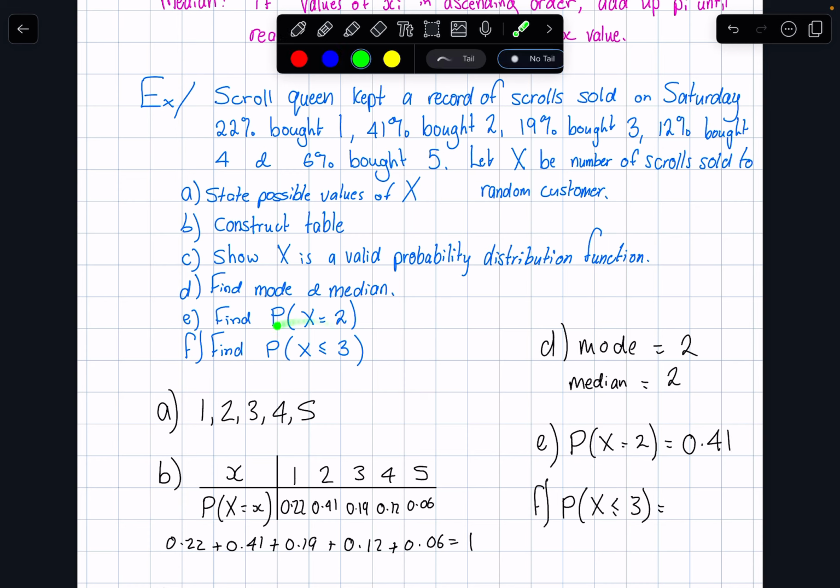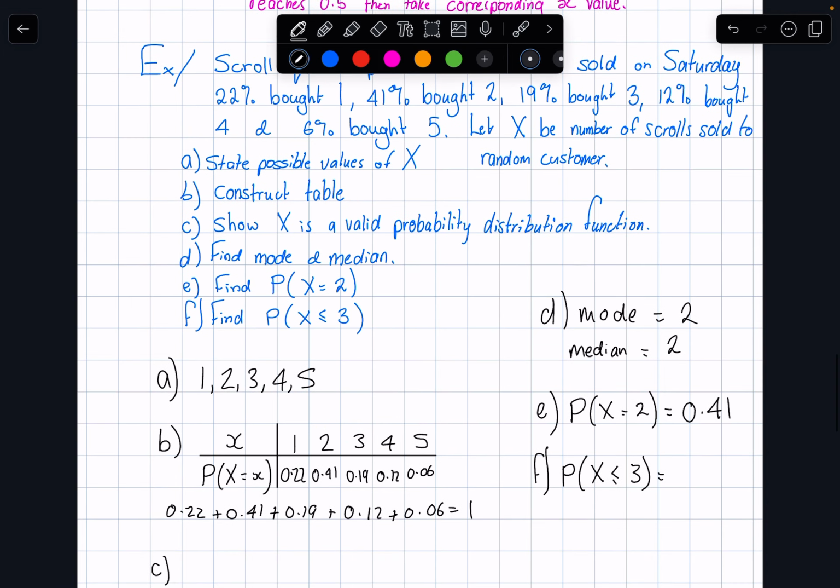Now, F, probability that X is less than or equal to 3 is the probability I get 1 or 2 or 3. Now, when I use that word or, I have to add the probabilities together. So I've got the probability of X equaling 1 plus the probability of X equaling 2 plus the probability of X equaling 3.